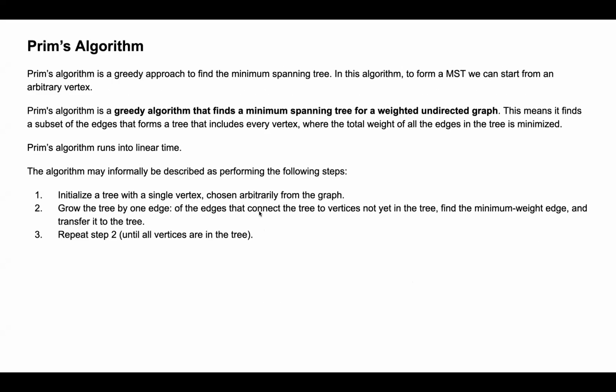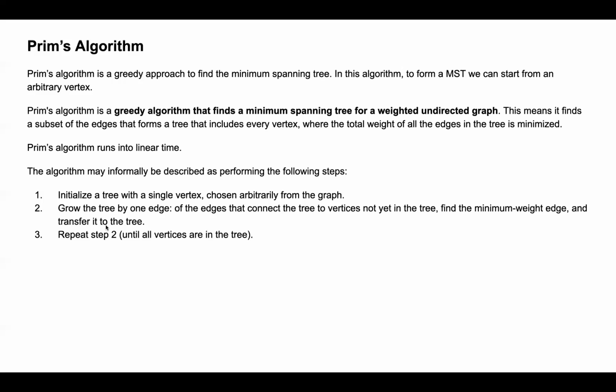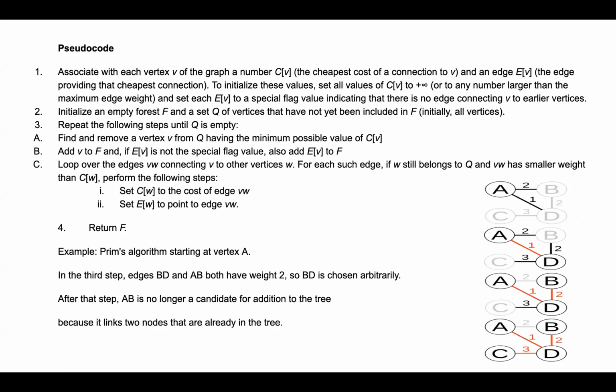Then grow the tree by one edge of the edges that connect the tree to vertices not yet in the tree. Find the minimum weight edge and transfer it to the tree. And repeat step 2 until all vertices are there in the tree.